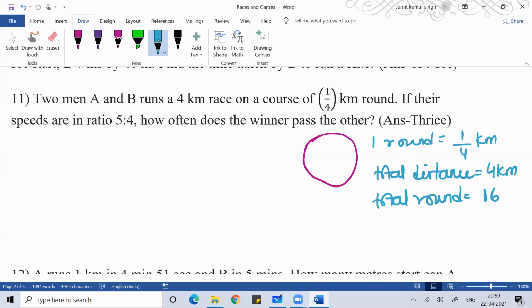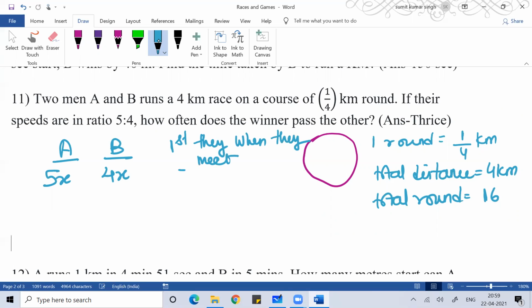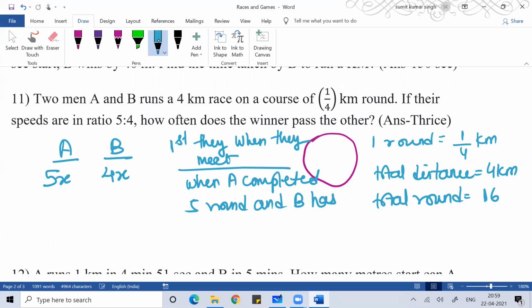The ratio of speed of A and B: suppose the speed of A is 5x and the speed of B is 4x. It means that the first time they meet, because they both are running in the same direction, A has completed 5 rounds and B has completed 4 rounds.